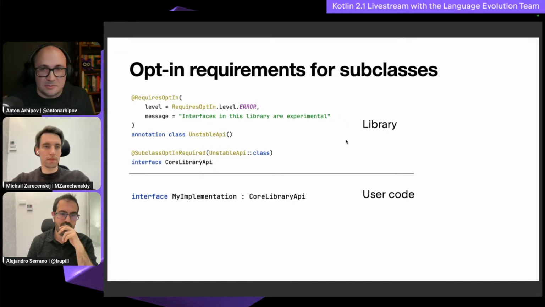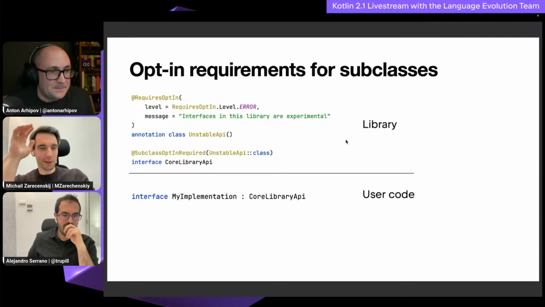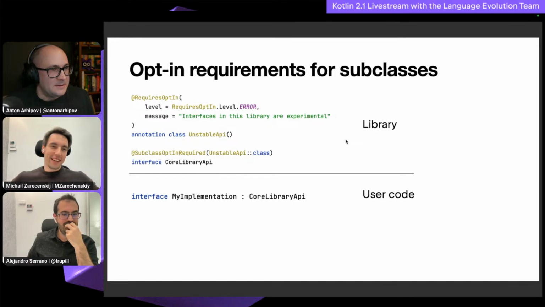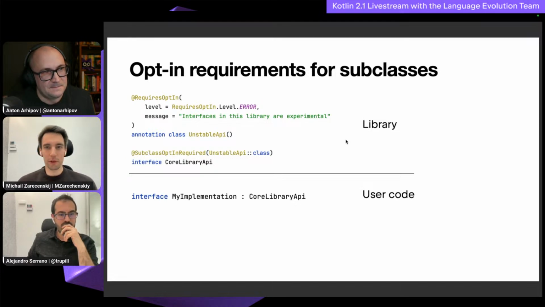So, Mikhail, maybe you can uncover the background for this feature and how it happened that it made it into the language. Yeah. So hello, everyone. I think we can provide a bit more context before going into the detail of this particular feature. So in general, we have these opt-in mechanics to mark parts of the API that are not completely safe to use.